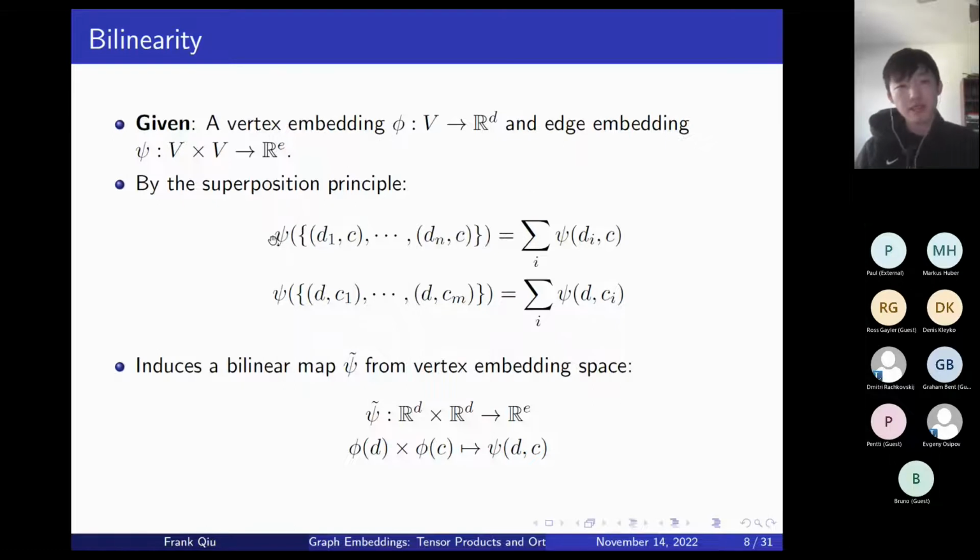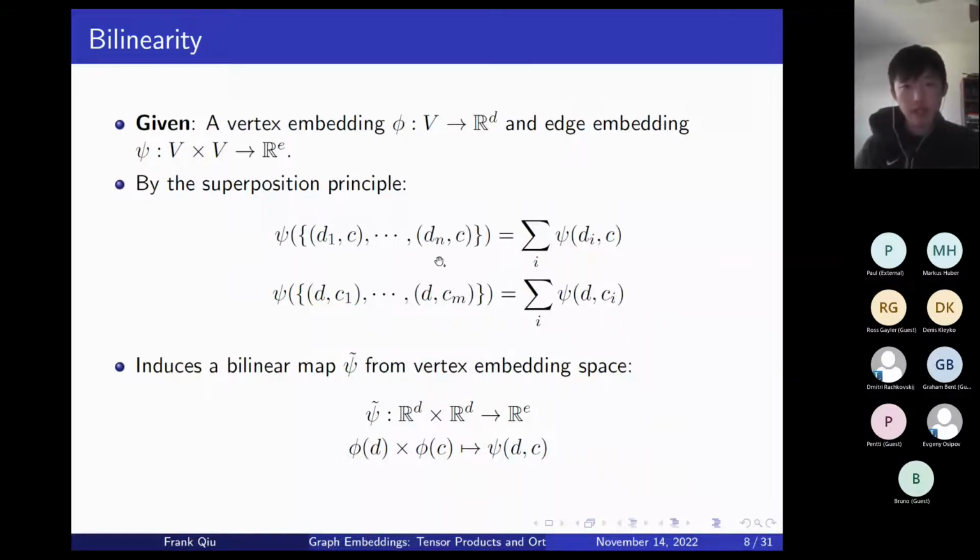In the first equation, we're considering a graph where a bunch of different source vertices all point to the same target vertex. We can see that it is, quote unquote, linear in the first argument. In the second equation, we're considering a common source vertex with a bunch of edges pointing to different target vertices. By the superposition principle, it must be linear in the second argument.